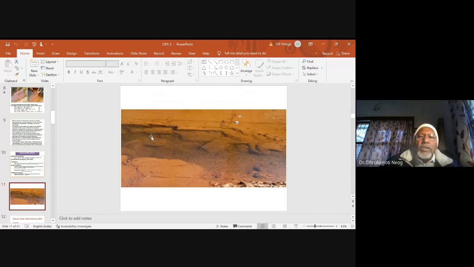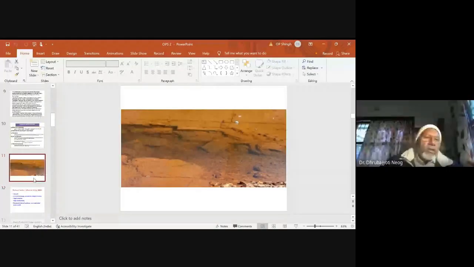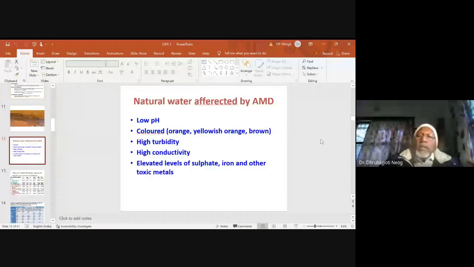You can see a stream which is affected by acid mine drainage. This water appears clean, but the bottom is settled with iron hydroxide, and that gives the orange color. If a water body is contaminated with acid mine drainage, then pH becomes low, it becomes highly acidic, and it looks colored, orange or yellowish orange or brownish.